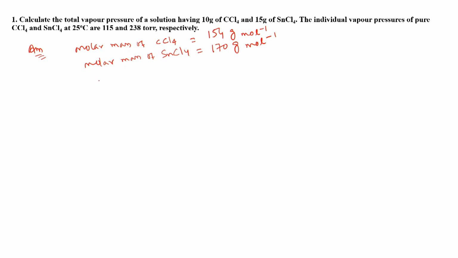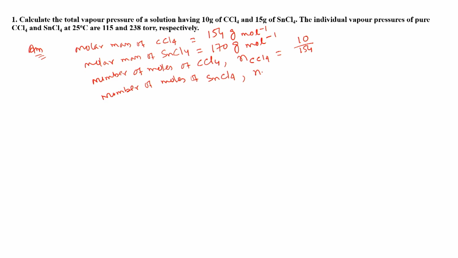Right. So the number of moles of CCl4, if we consider this as N CCl4, is 10 by 154, and the number of moles of SnCl4, if we consider this as N SnCl4, is 15 by 170.